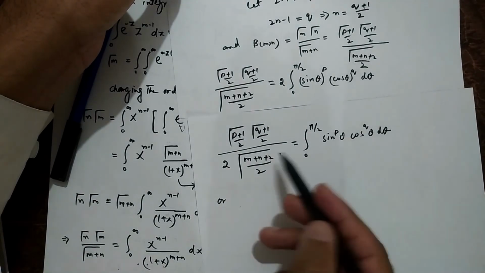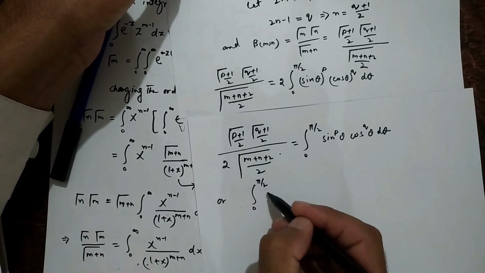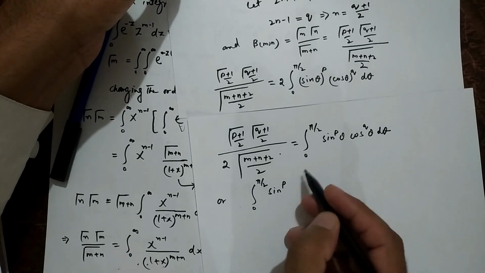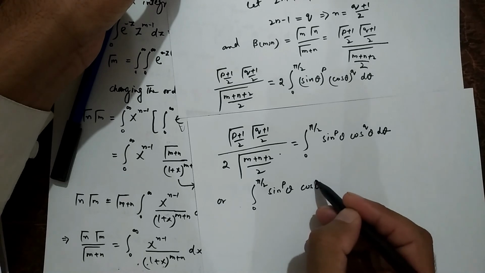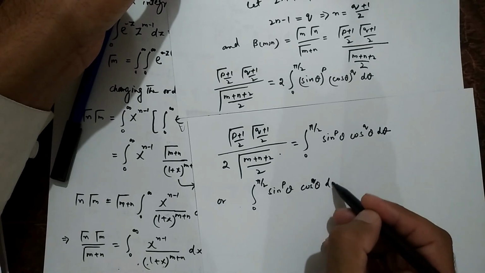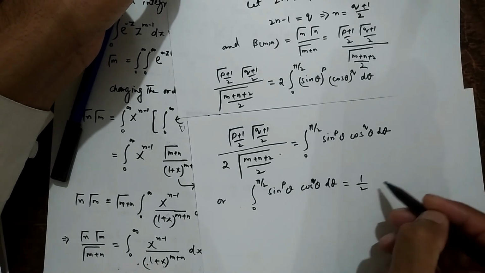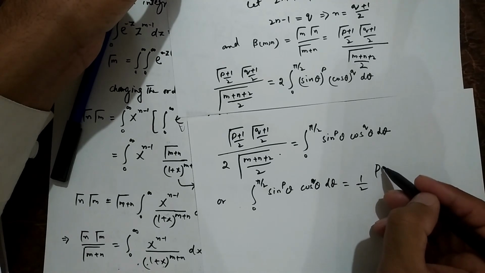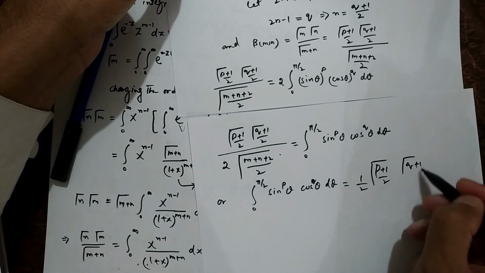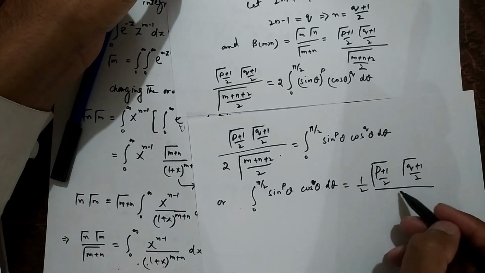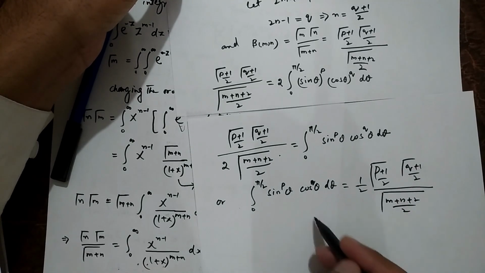Or write this side before, this will be integral from 0 to pi upon 2 sine of theta to the power p cos of theta to the power q d theta, which is equal to 1 over 2 gamma p plus 1 upon 2 gamma q plus 1 upon 2 divided by gamma p plus q plus 2 upon 2, which is the required result.